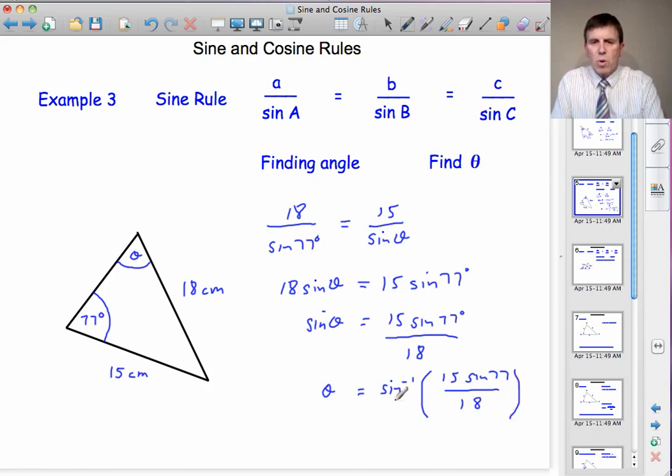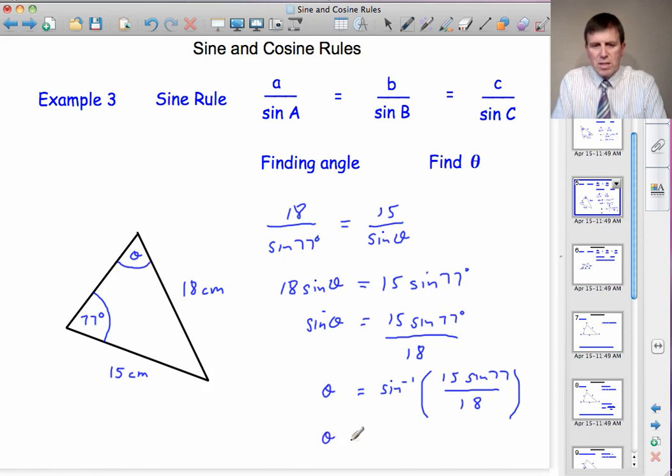Remember, sine to the minus 1 function is the function that tells you which angle this sine is. And you can either work this out first and then do the sine to the minus 1, or you can do it all in one operation on your calculator.